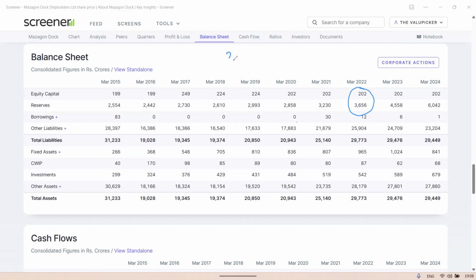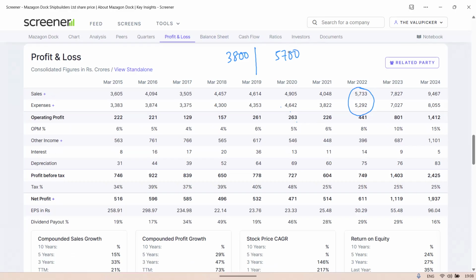So we are getting a cashback of 3,800 against a market cap of 5,700. Fine. And if you look at the profit and loss as well, I'm getting 600 every year here.